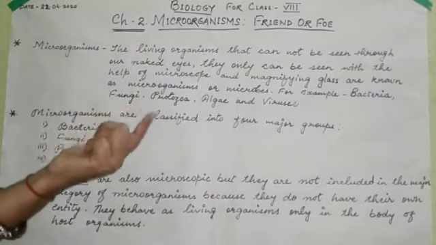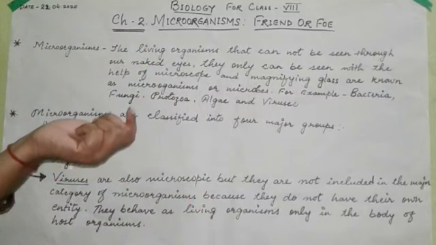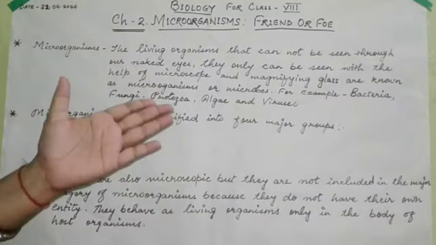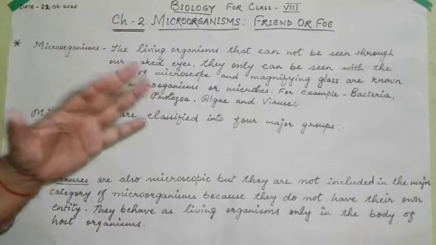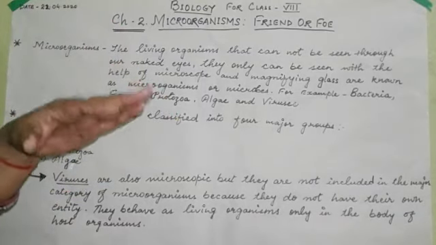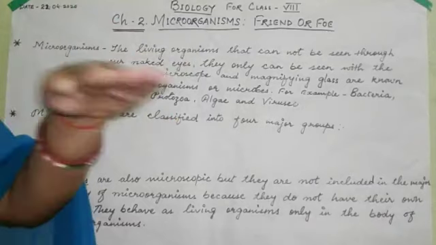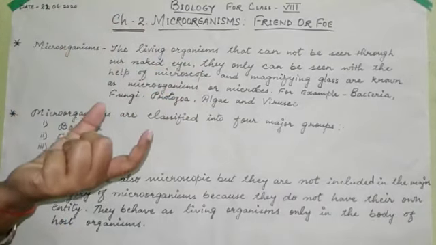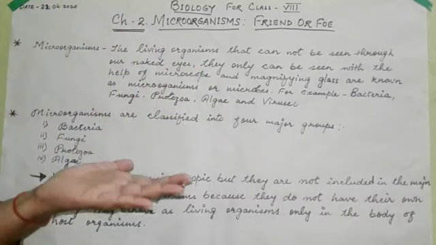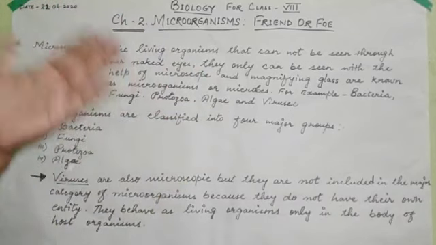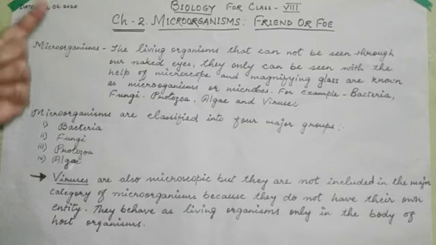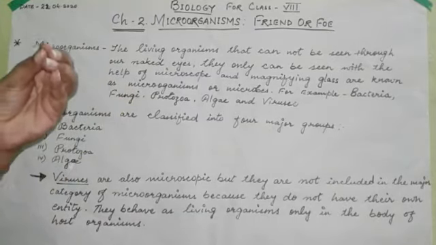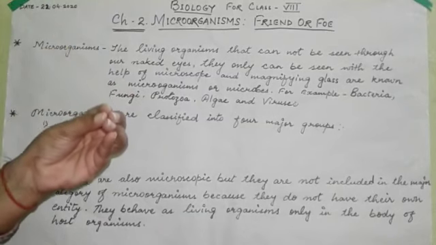For example, students, you might have observed that during the rainy season, moist bread gets spoiled and its surface gets covered with grayish white patches. What you have to do is observe these patches through a magnifying glass. You will see tiny black rounded structures there.